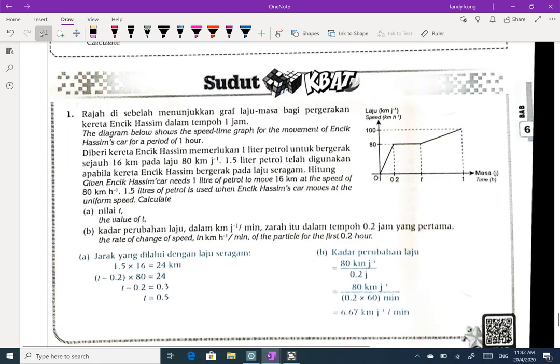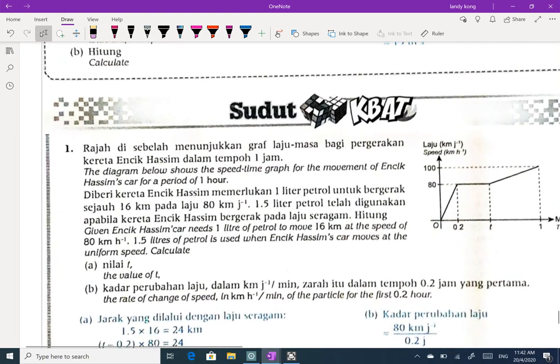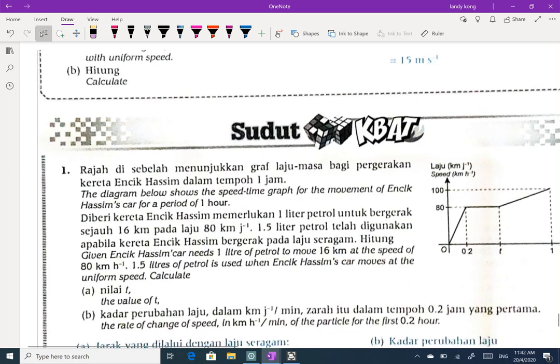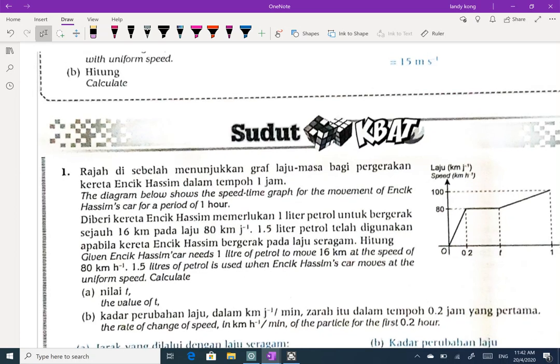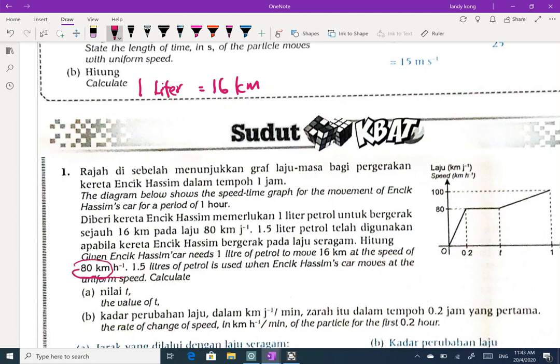Given Indian Hashim's car needs 1 liter of petrol to move 16 kilometers. 1 liter, you can move 16 kilometers, at the speed of 80 kilometers per hour.